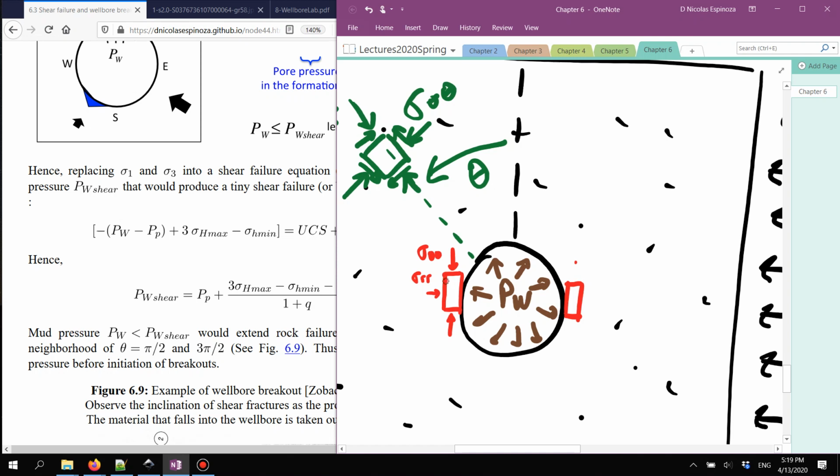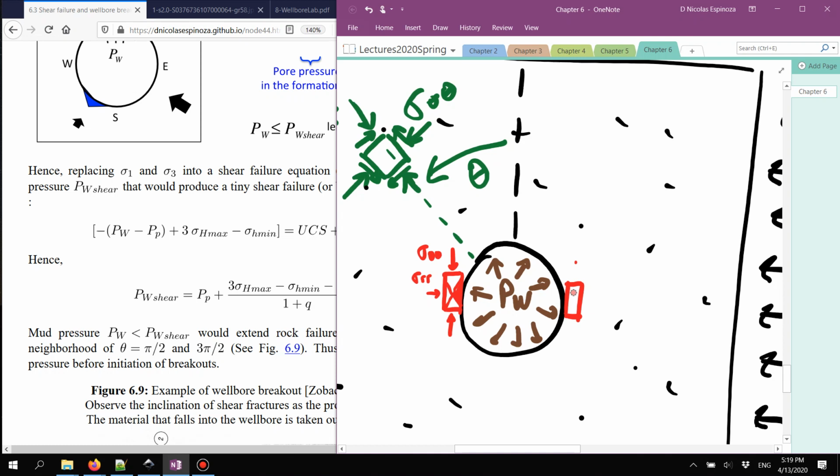And in this case, it's going to result in some shear fractures, which are going to be oriented like this. Now you can imagine that when the rock fails with this shape next to the wellbore, some of the rock that gets in between the fractures, in this case this one, is going to fall off into the wellbore, and that's going to leave a cavity.